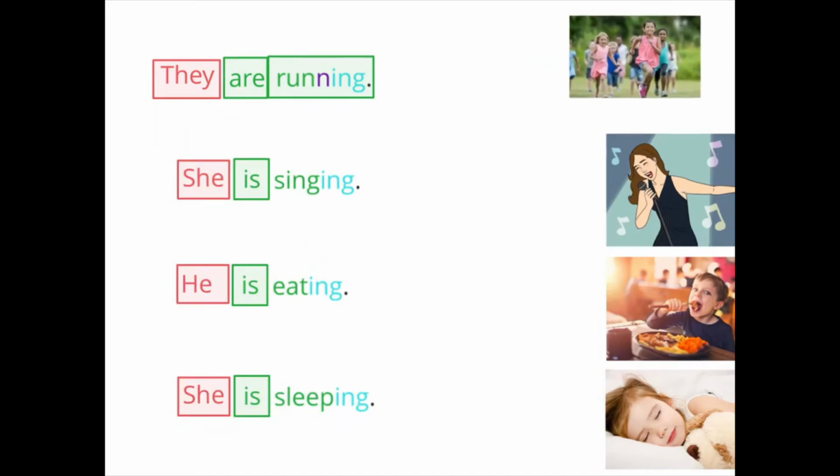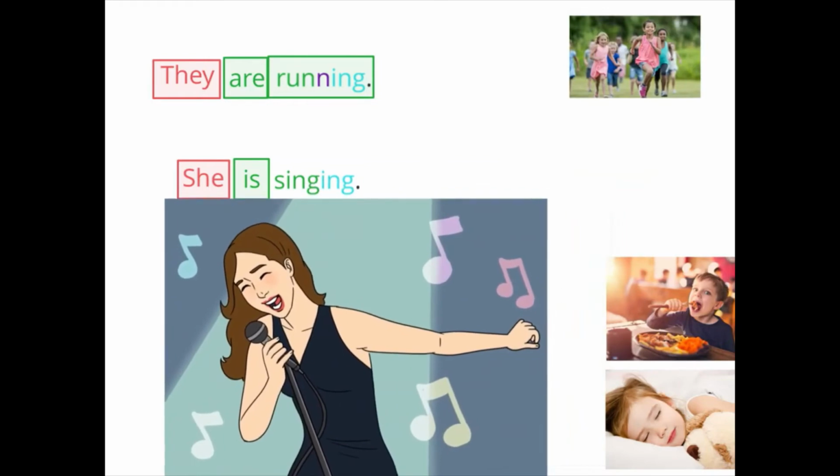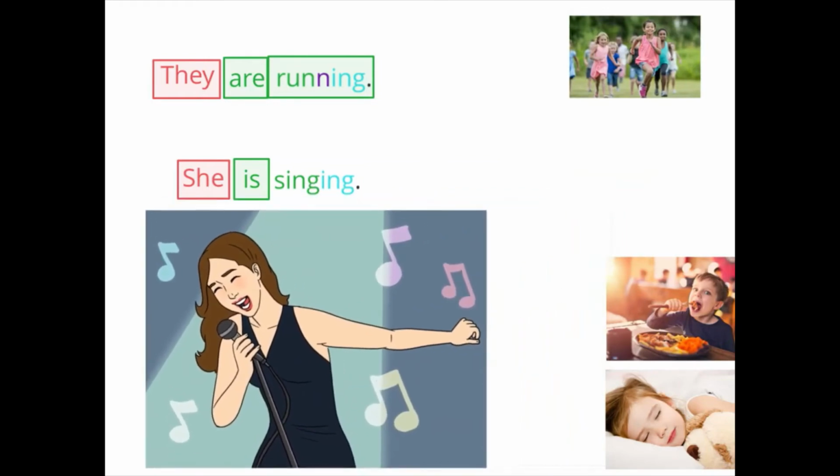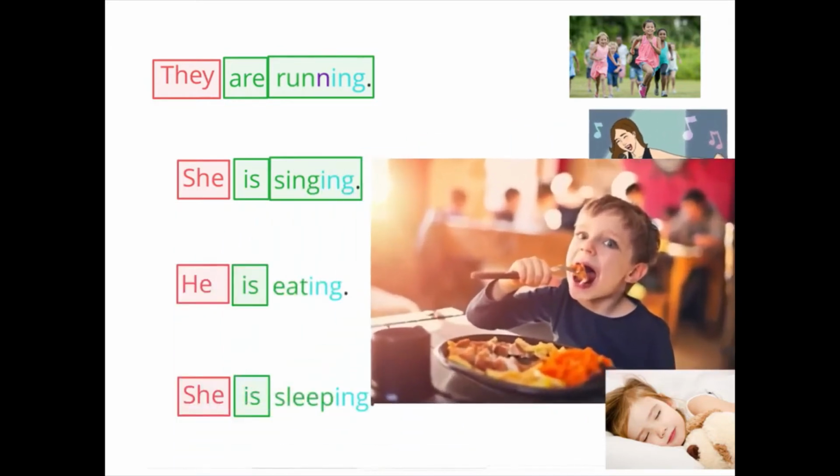Our next sentence here is singing. She is singing. The verb is sing. And then we add ing. And the whole verb is singing. She is singing. Our next verb is eating.